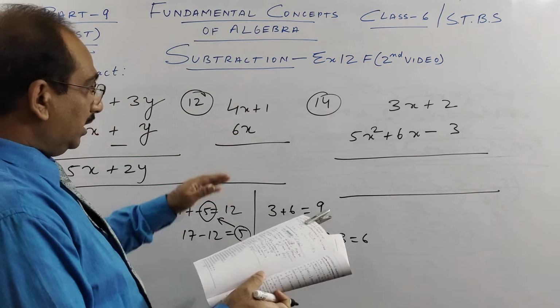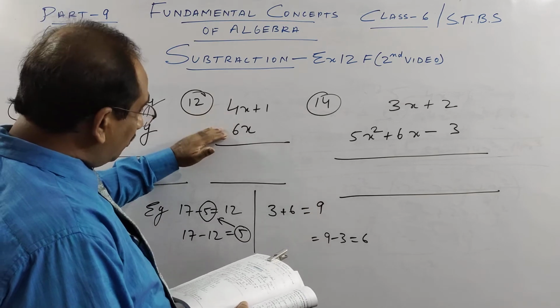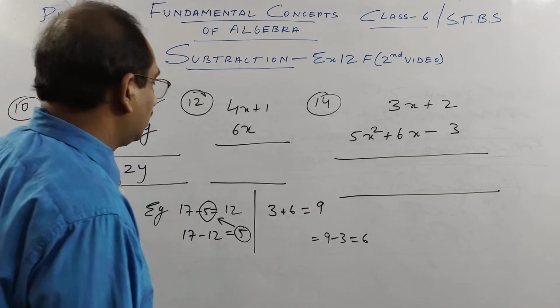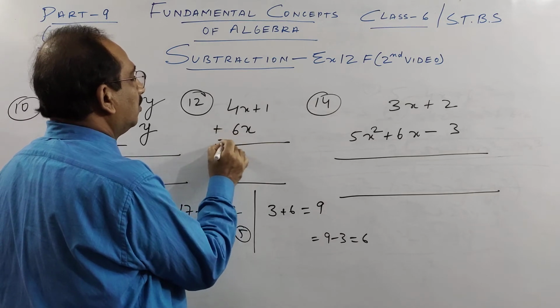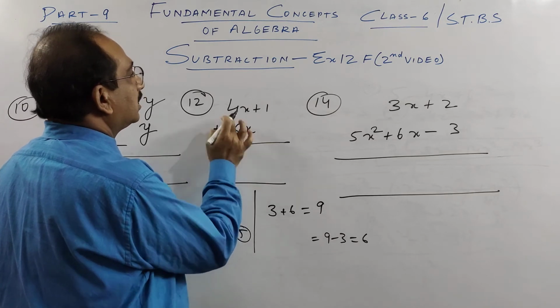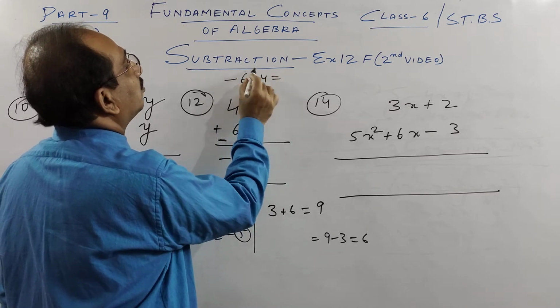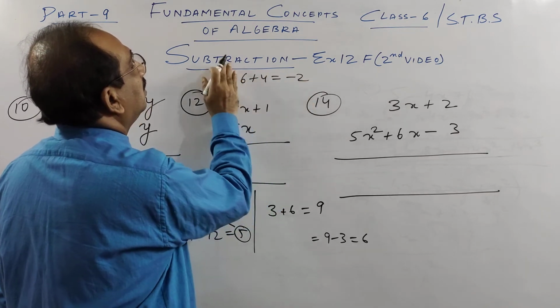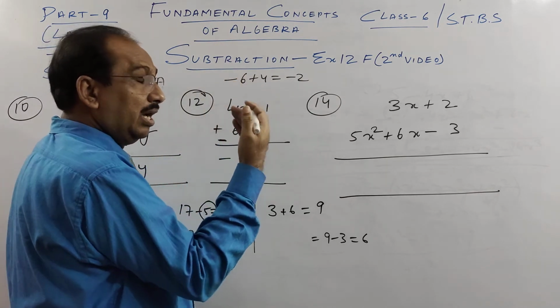So what must be added to 6x to get 4x plus 1? So you subtract 6x from 4x plus 1. So again we change the sign. Okay, so this is plus, little down I change. So minus 6 plus 4. Minus 6 plus 4 I have taught you, children. Subtract the smaller from the larger. Don't see sign. Or what another concept we have?